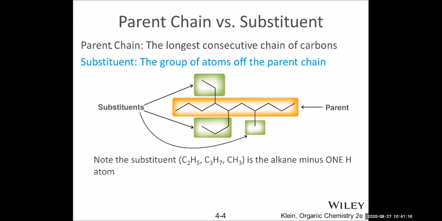You can treat the parent chain as the stem of a tree, and the branches are the substituents. This will be the stem of the tree, and the other smaller pieces are the branches.